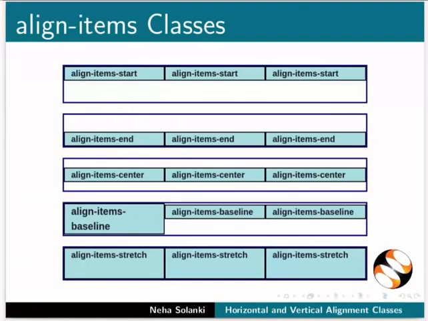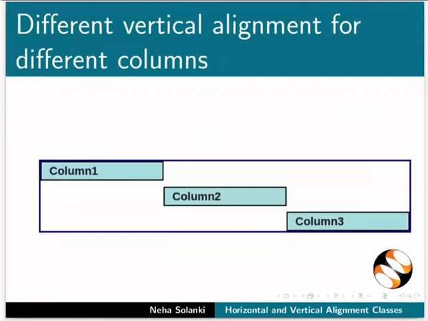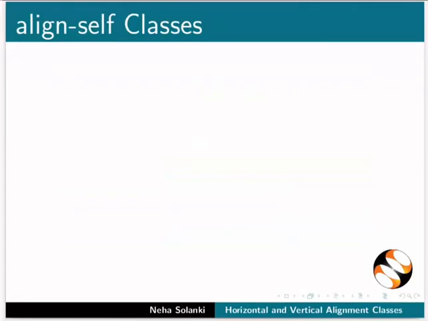We saw that align items class is used to apply the same vertical alignment to all the columns. But what if we want different vertical alignment for different columns? This can be achieved by using align self classes.